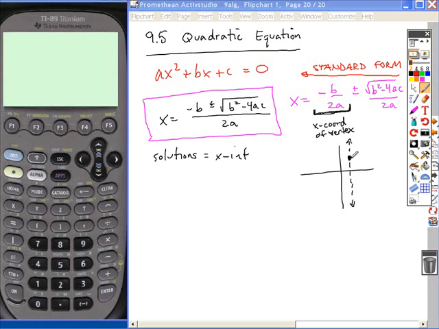So let's say your graph opens down like this, would it make sense that you're adding and subtracting the same x-coordinate here and here to get your x-intercepts, or your solution points?